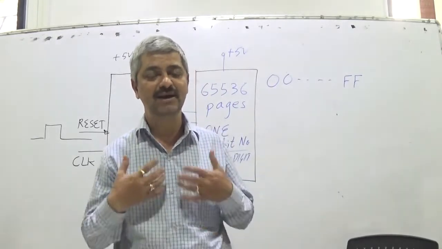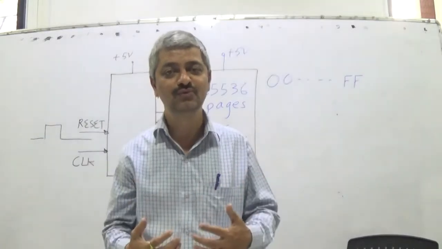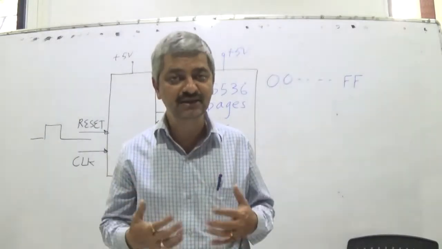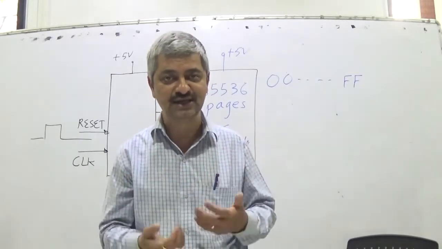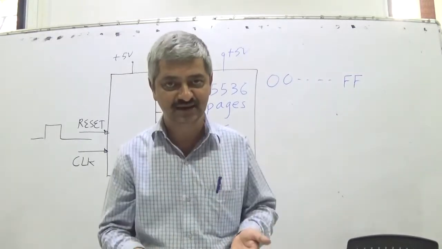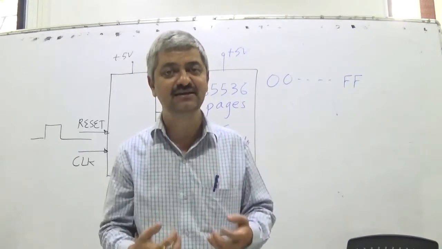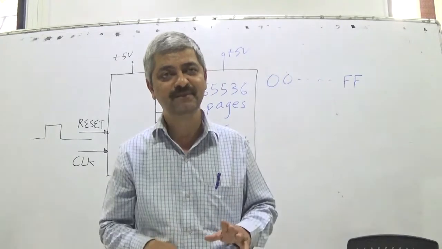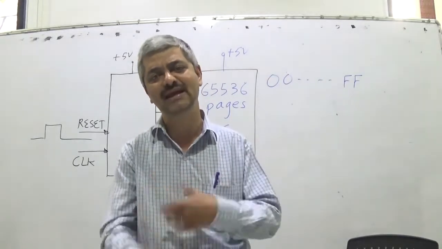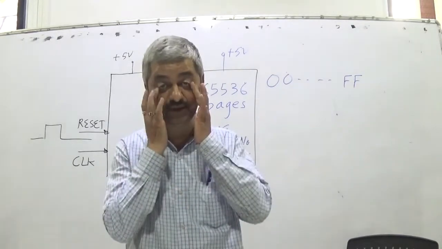Like that, the microprocessor will also do something with each clock cycle. 3 clock cycles constitute a machine cycle, and in each machine cycle it will either read or write, and it will start from 0 and continue like this throughout.